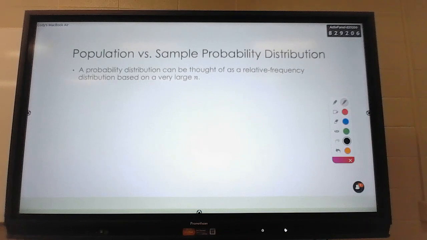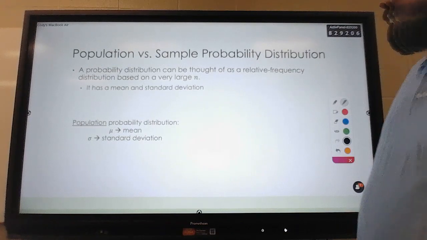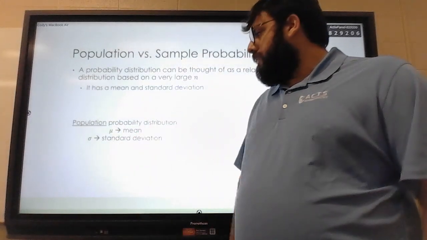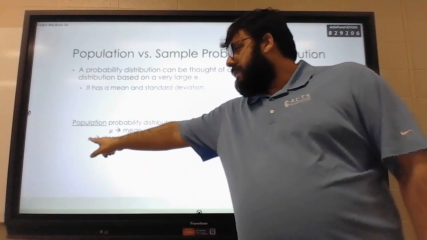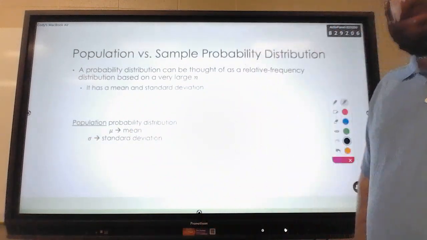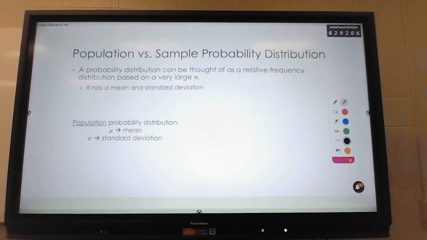And again, these probability distributions can be thought of as relative frequency distributions based on a very large sample space, which means it also has a mean and a standard deviation for both population and sample. Now, when we talk about population, you've seen this before. This is the Greek letter mu. That's the value for mean. This is the lowercase Greek letter sigma that represents standard deviation. Okay?